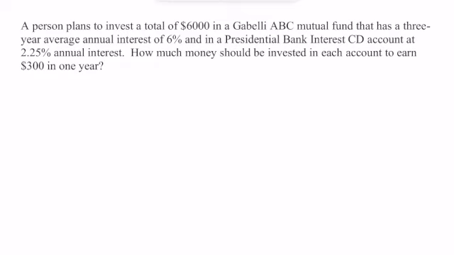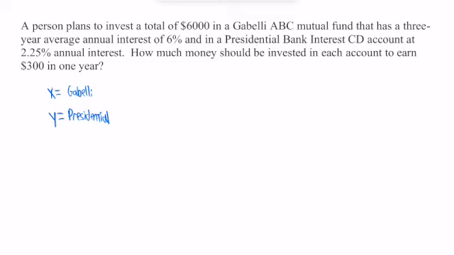So in this problem, we have two accounts where X will be the Gabelli account and the other one is the presidential account. We'll let Y be the amount invested in the presidential account.